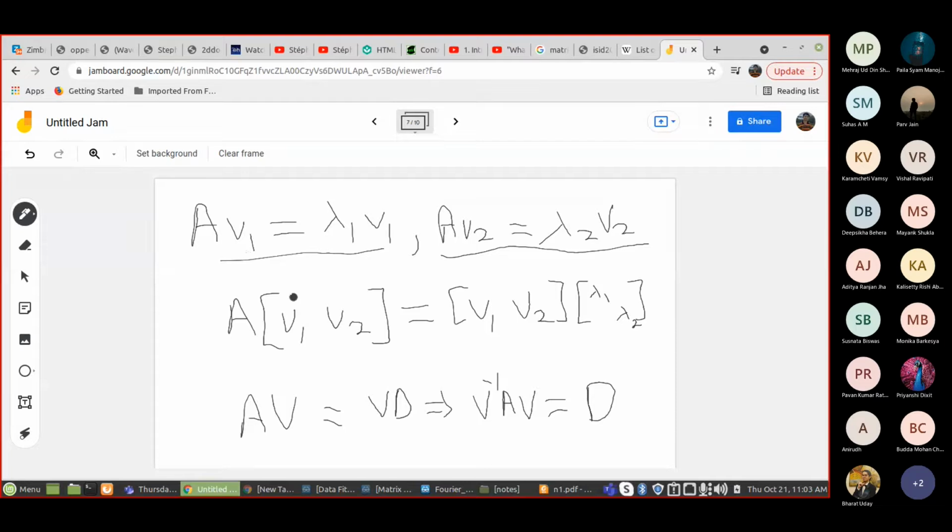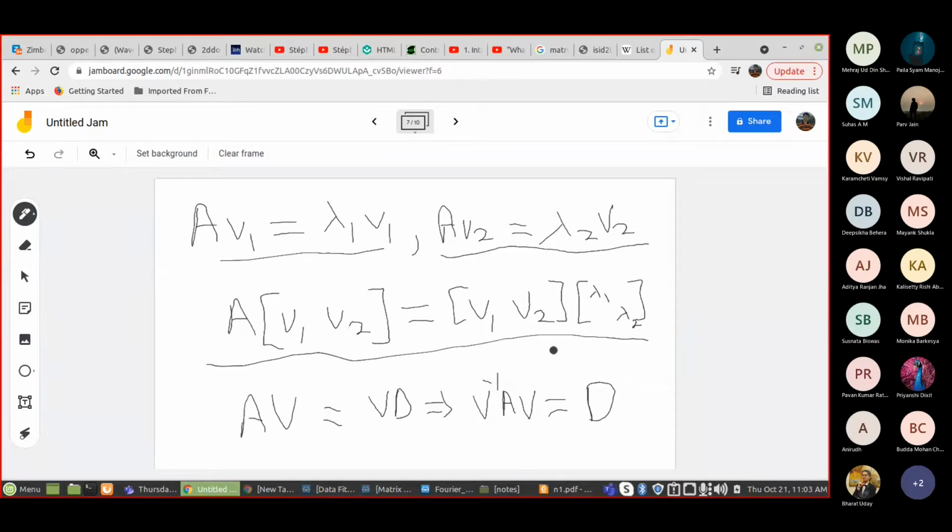If we put these two eigenvectors in one matrix, the first column of this matrix on the right hand side is V1 and the second column is V2, and we have these two equations at the top, and you can check that this equation holds.